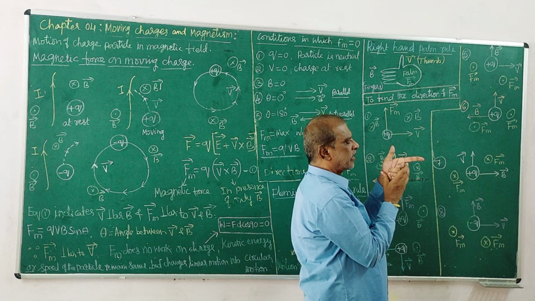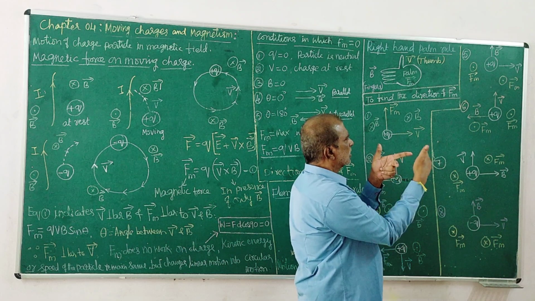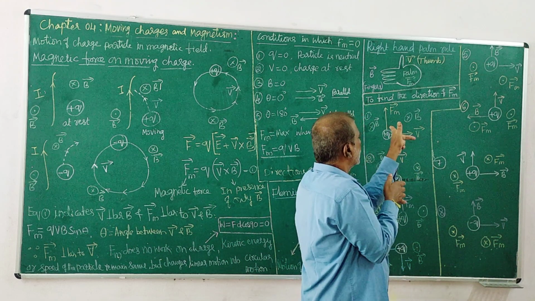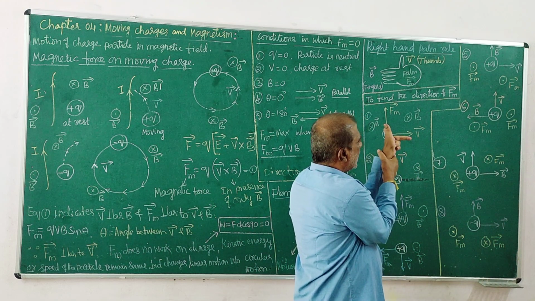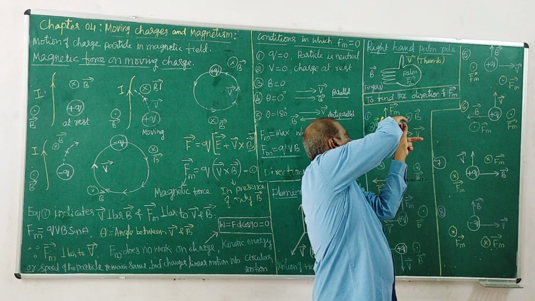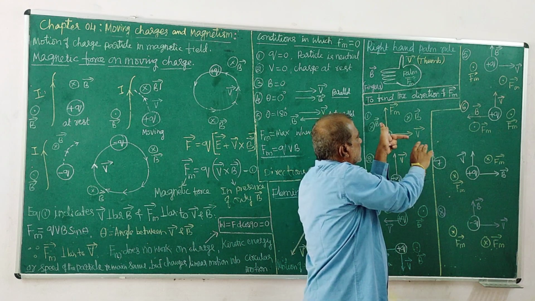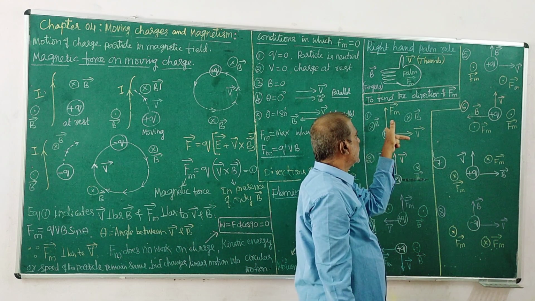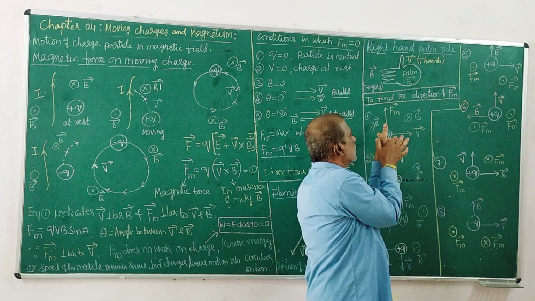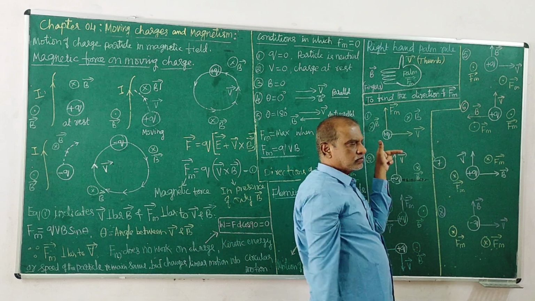You have to turn the hand so that these two coincide with the directions. This is the way we can turn. If I turn my hand like this, it shows the direction. The field is inward, perpendicular, and the velocity direction is like this. If that is the case, what would be the direction of the force? This must be the direction of the force. That is why the direction of force is indicated.